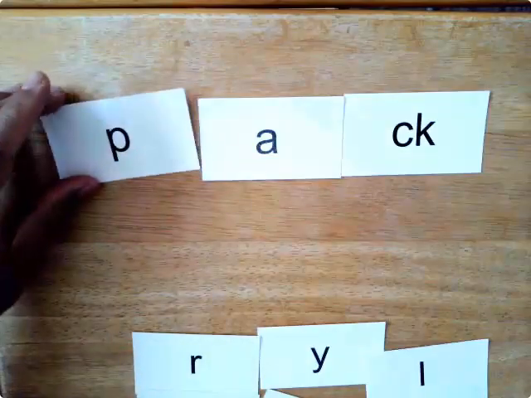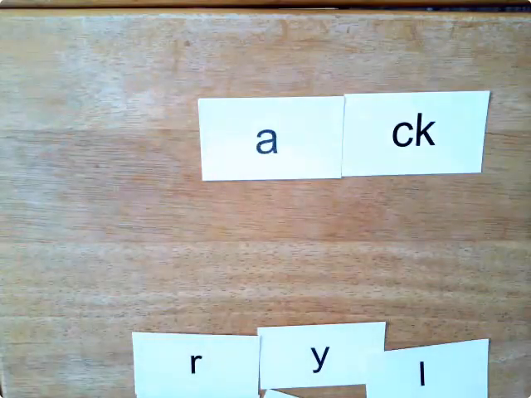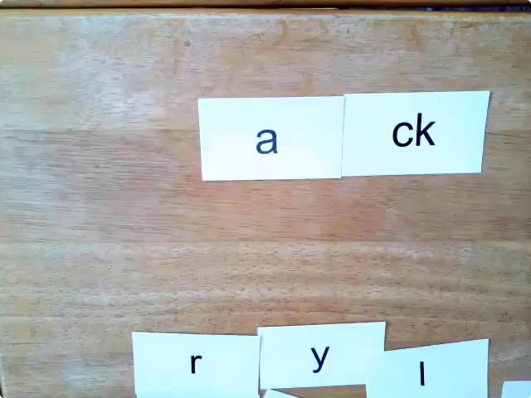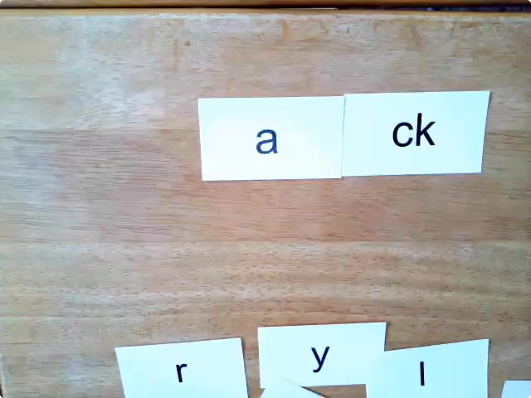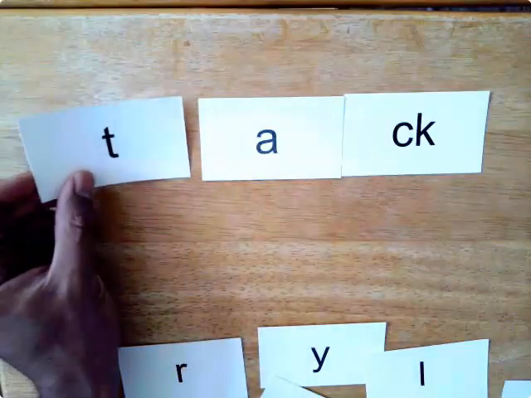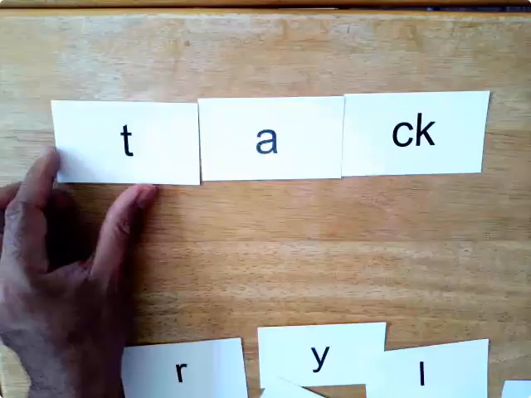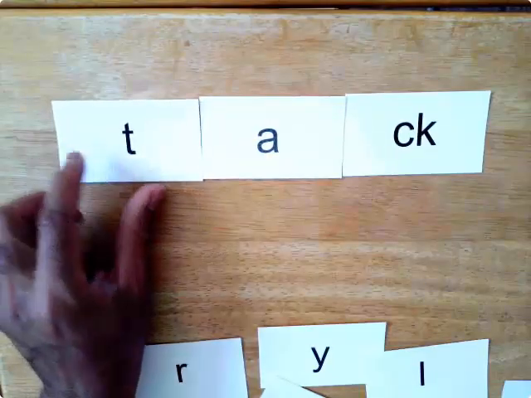All right, now let's take away this P sound and let's make the word tack. What letter do you think I will need to make the word tack? T. I think you're right. Let's make the word tack. T-ack. Do you see that?